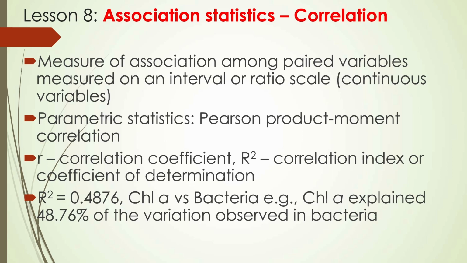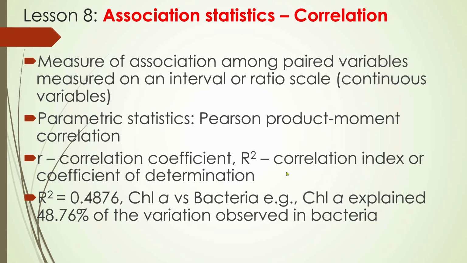Therefore, at the end of the research study, we should have paired data of bacterial abundance and chlorophyll A concentration. In parametric statistics, we use the Pearson product moment correlation. From the correlation analysis, we will obtain either a correlation coefficient, indicated by a small letter r, or correlation index, indicated by a capital R squared.